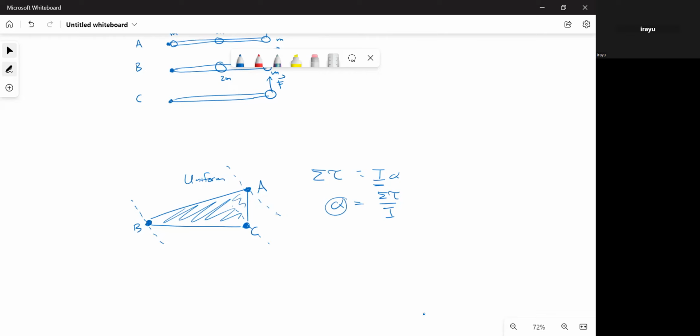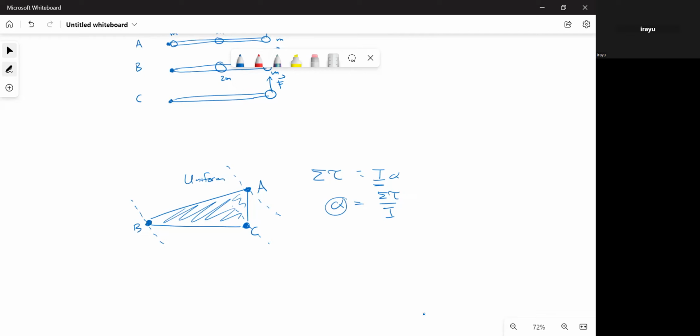And so we have to figure out around which axis this object is going to have the largest moment of inertia. So what is moment of inertia again? Just in its conceptual sense.